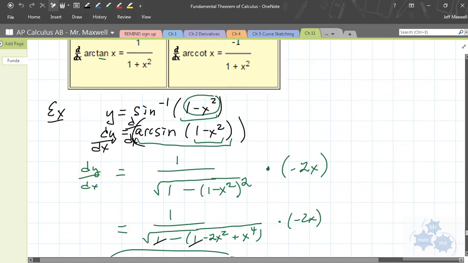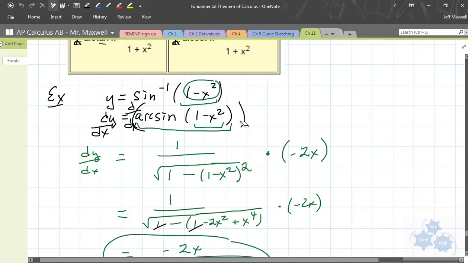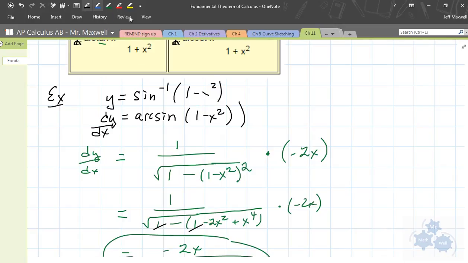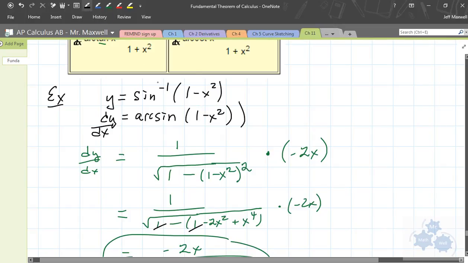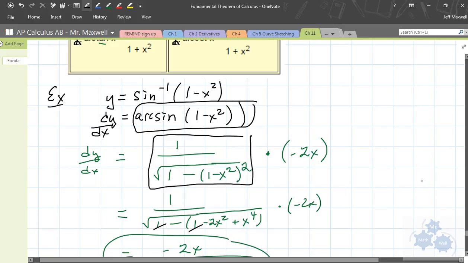And if I showed you an example here, this is an example that I worked through with my students earlier. We're going to take the derivative of sine to the negative 1. And so I'm going to just clean this up a little bit for you. What you'll notice is that when we take the derivative of arc sine, we replace it with this formula right here. Right? That's from our chart. So the derivative of arc sine is this.